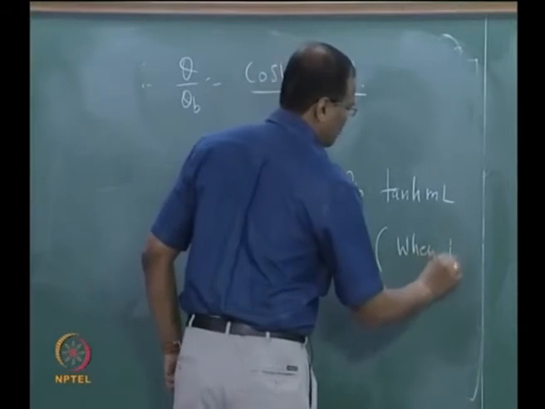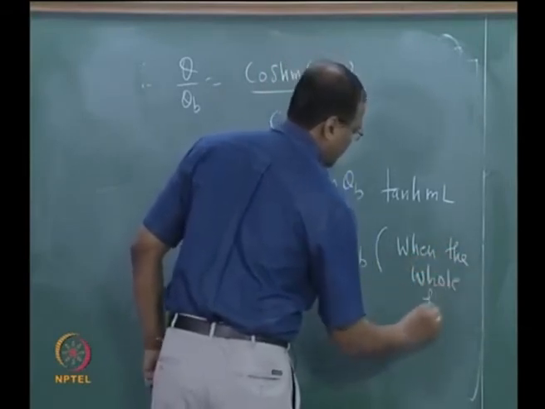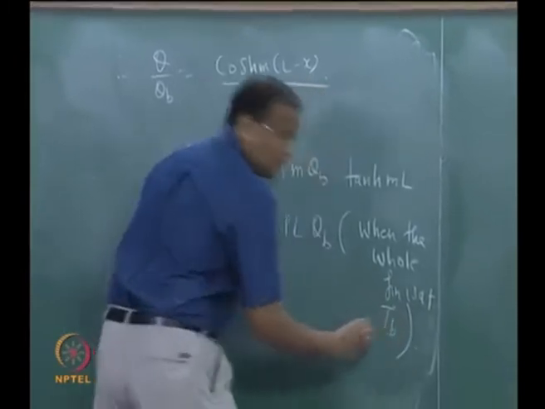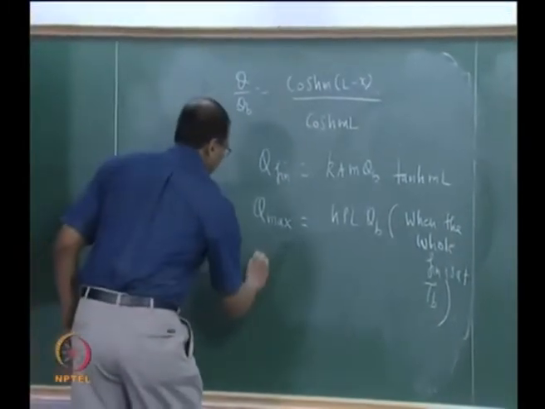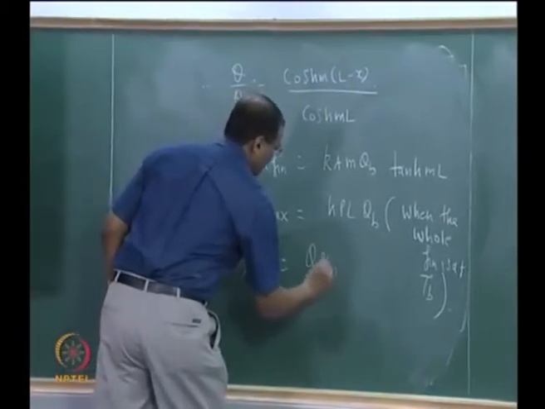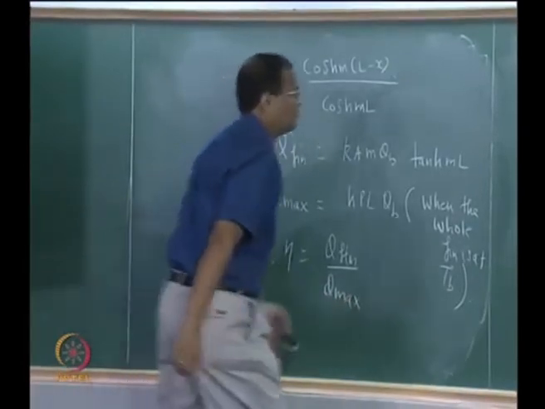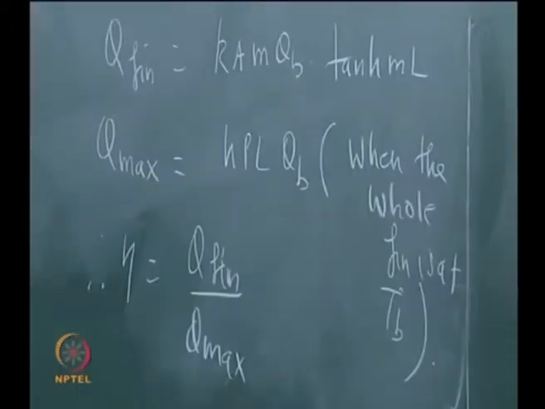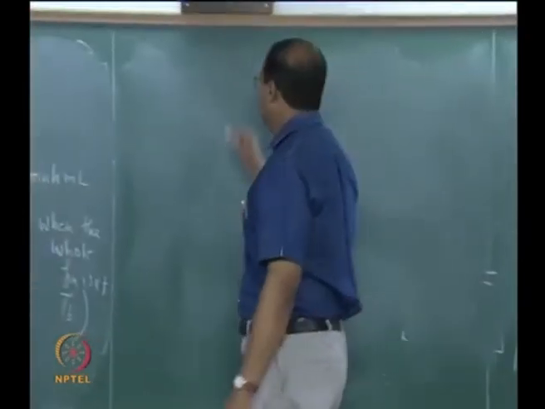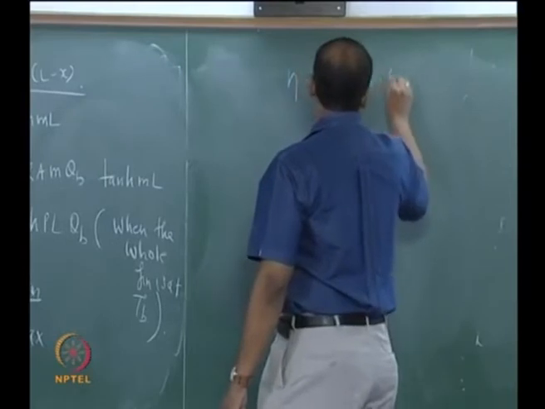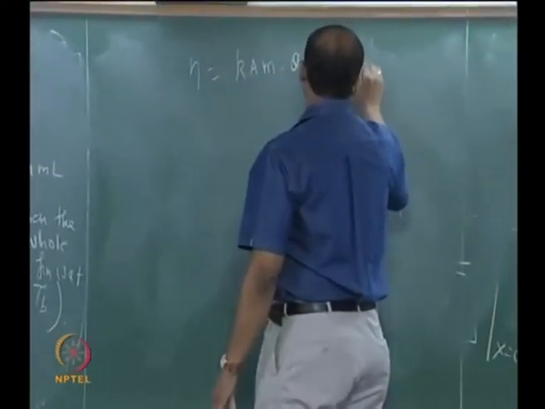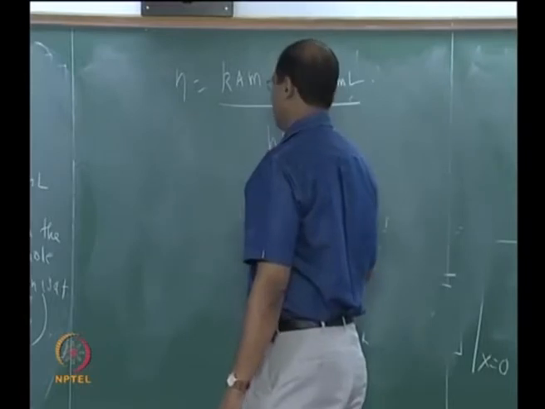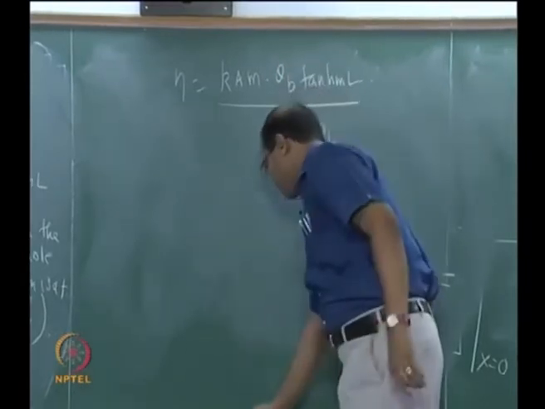Q max equal to, when whole fin... okay, therefore the fin efficiency divided by... is it okay?